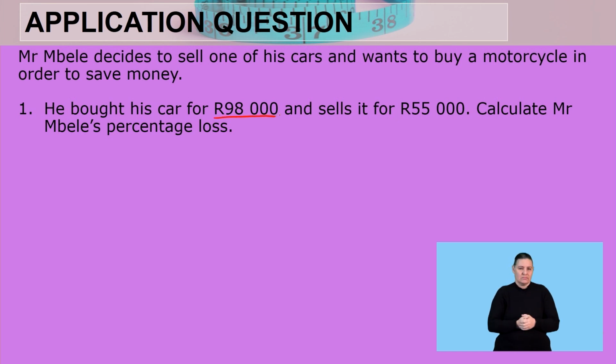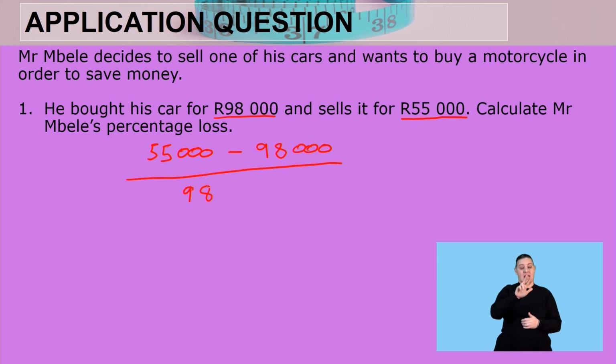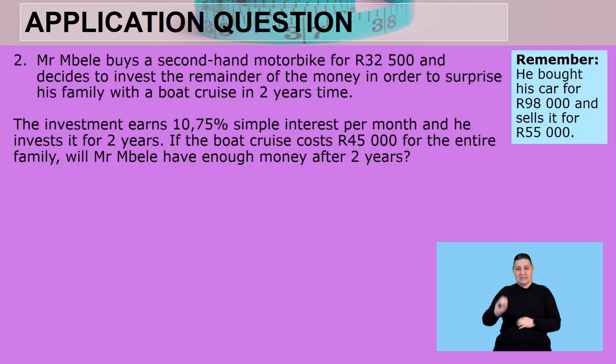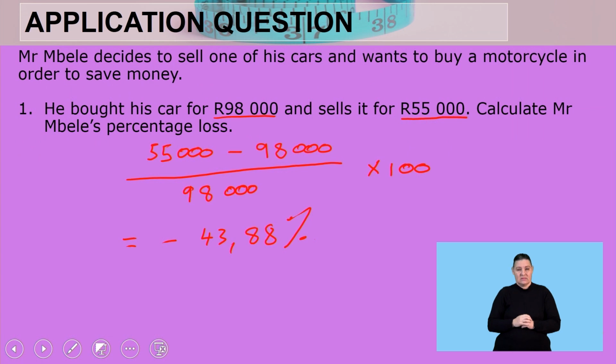So, 55,000 Rand minus 98,000 Rand divided by 98,000 Rand times 100. And we get negative, to show the loss, 43.88%. There we go. Nice work.